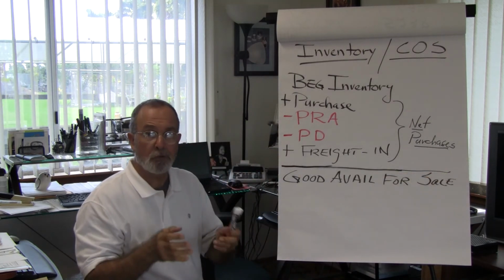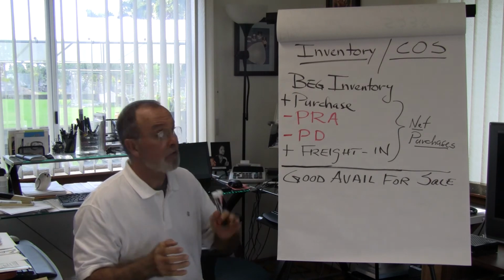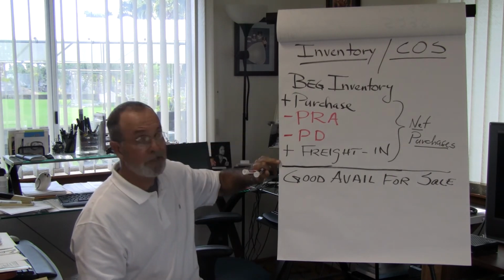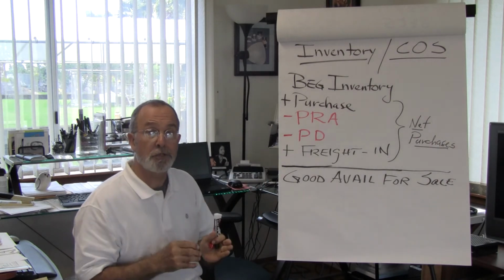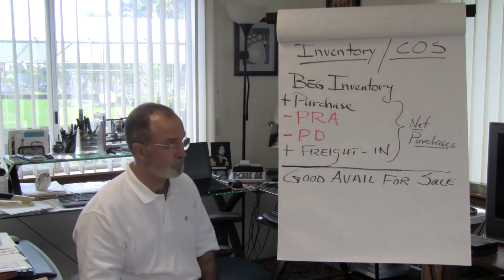That would be the total cost of all of our beginning inventory plus everything that we purchased during the year that we could have sold.